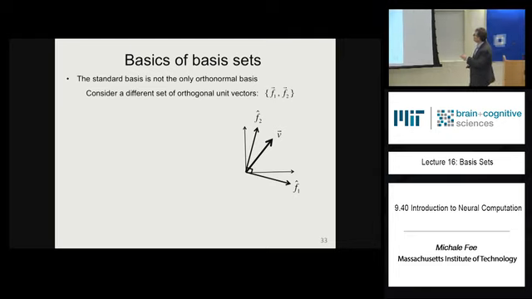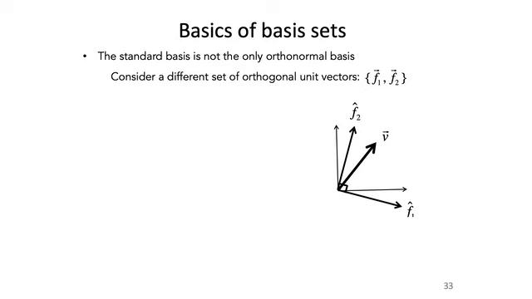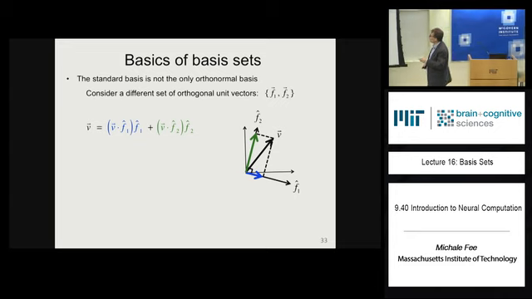We just take our vector v, we can plot the basis vectors in this other basis, and we can simply project v onto those other basis vectors. So we can project v onto f1, and we can project v onto f2. Okay, so we can write v as a sum of a vector in the direction of f1 and a vector in the direction of f2.